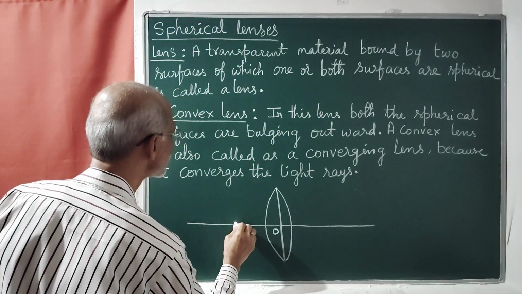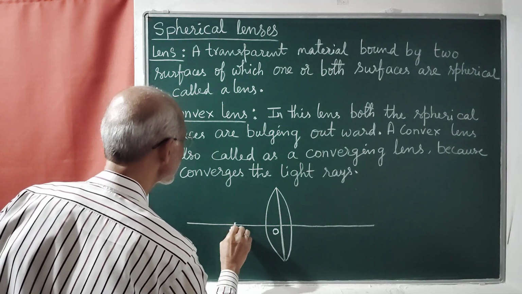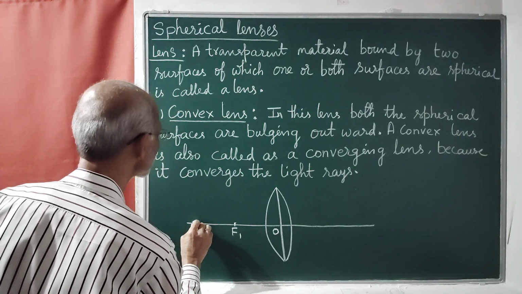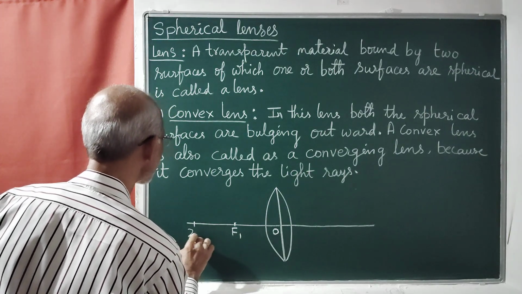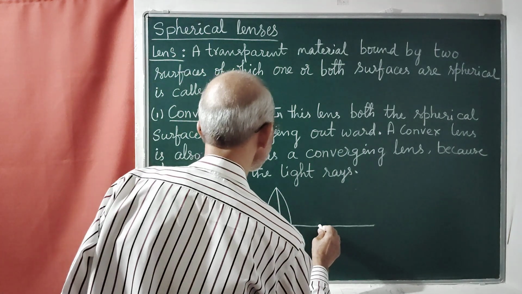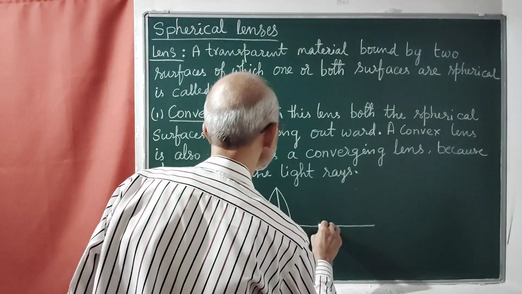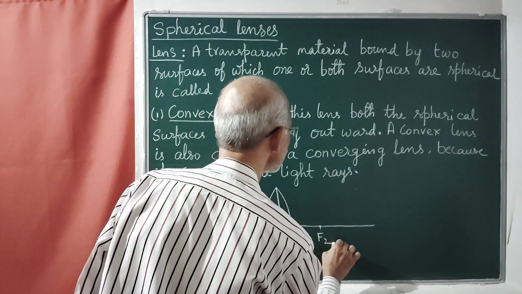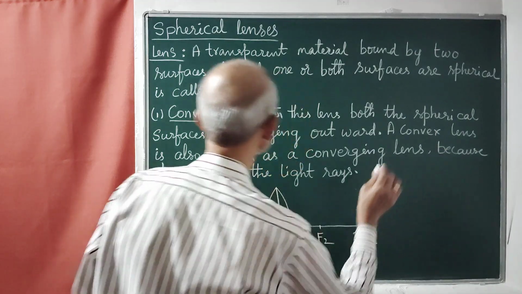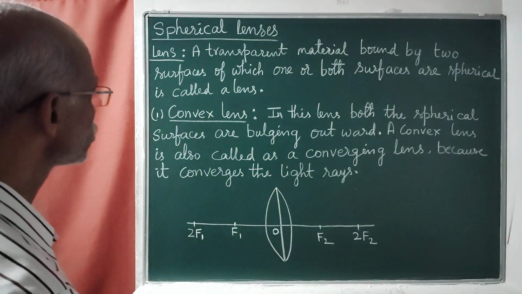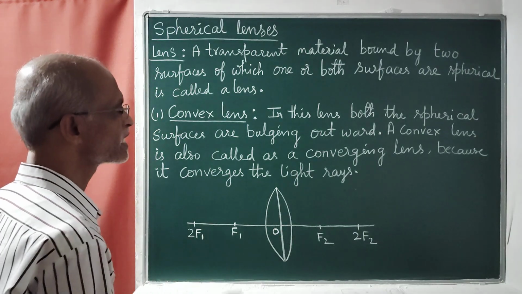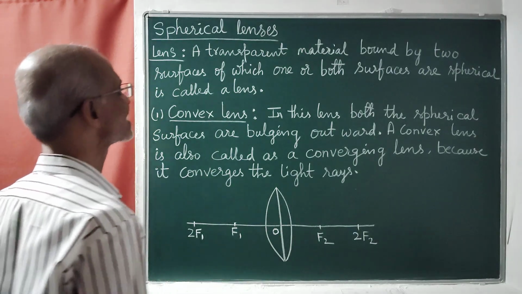This is the principal focus F1. This is the center of curvature 2F1. On this side, here also we have one focus F2, and 2F2. So this is called a converging lens because it converges the light rays.